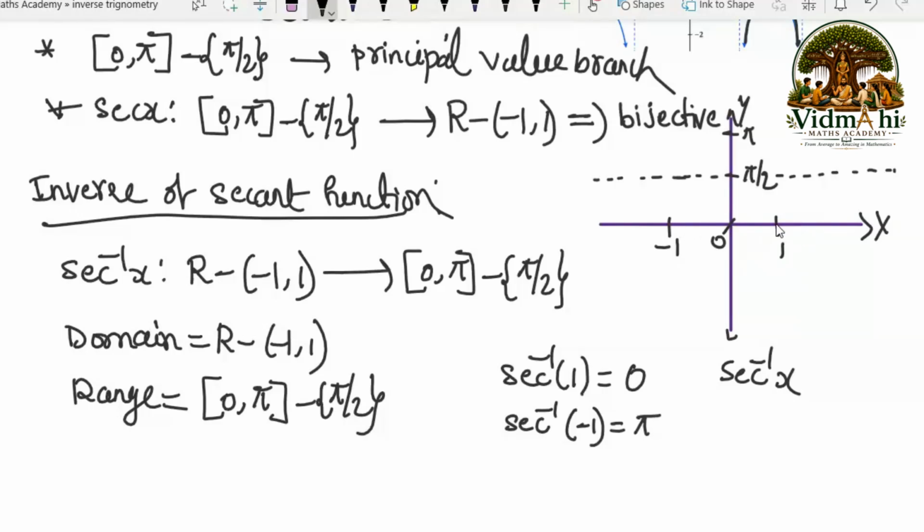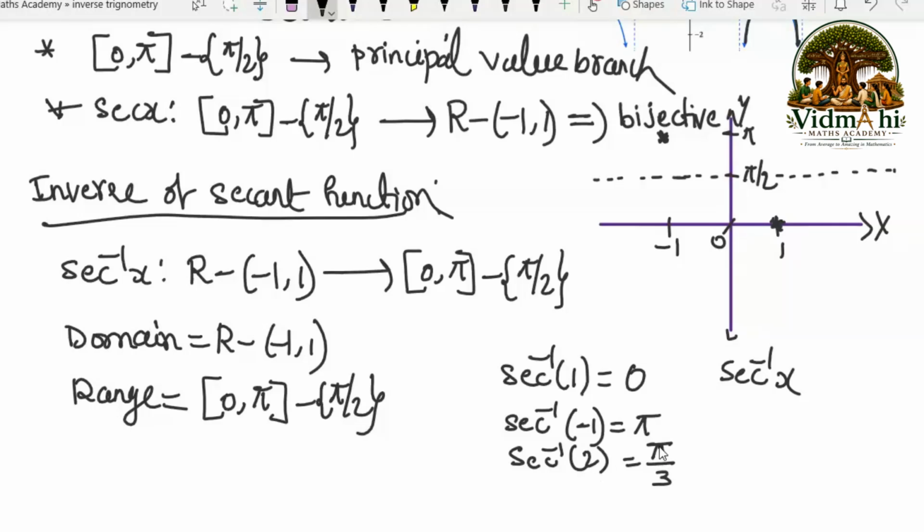So secant inverse of minus 1 is 180. So secant inverse of 1 is 0, and secant inverse of minus 1 value is 180. And if you consider one more value, secant inverse of 2, where the secant function value is 2, at 60 degrees. Yes, pi by 3.